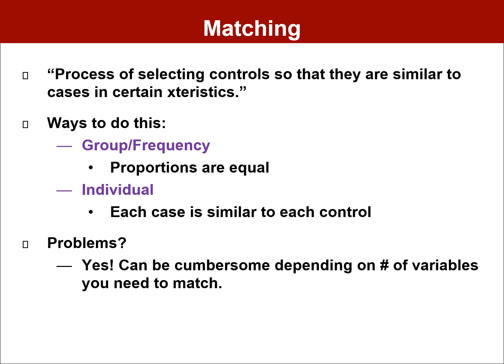So just note that while matching is a good way to address potential confounding or differences in case control studies, it has its limitations and problems as well. It has to be done well for it to have any impact.